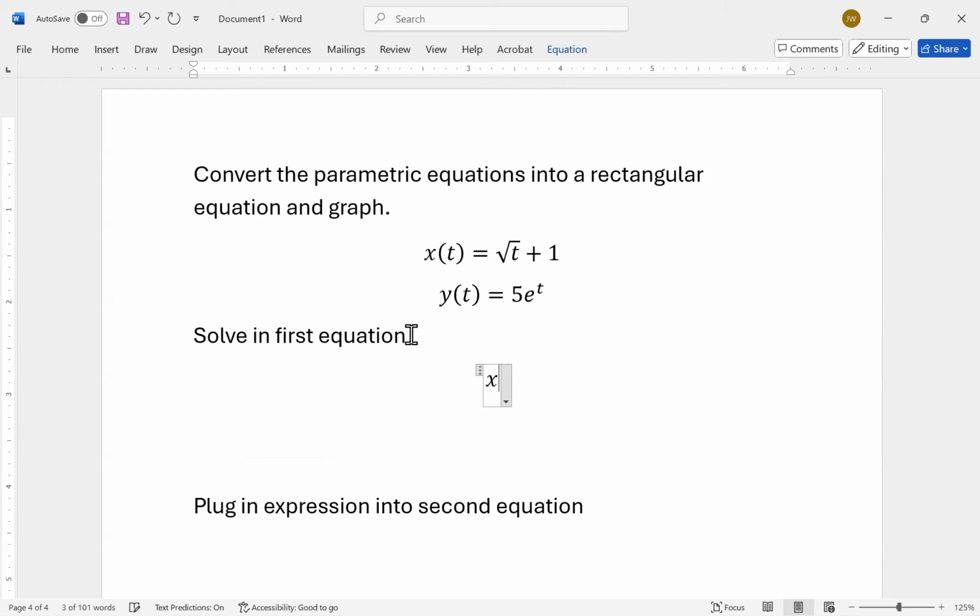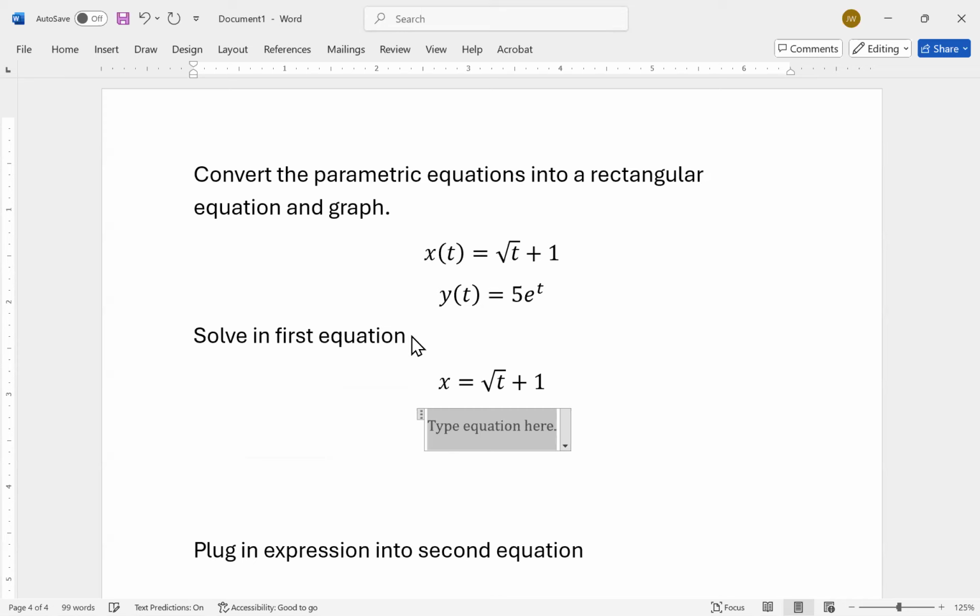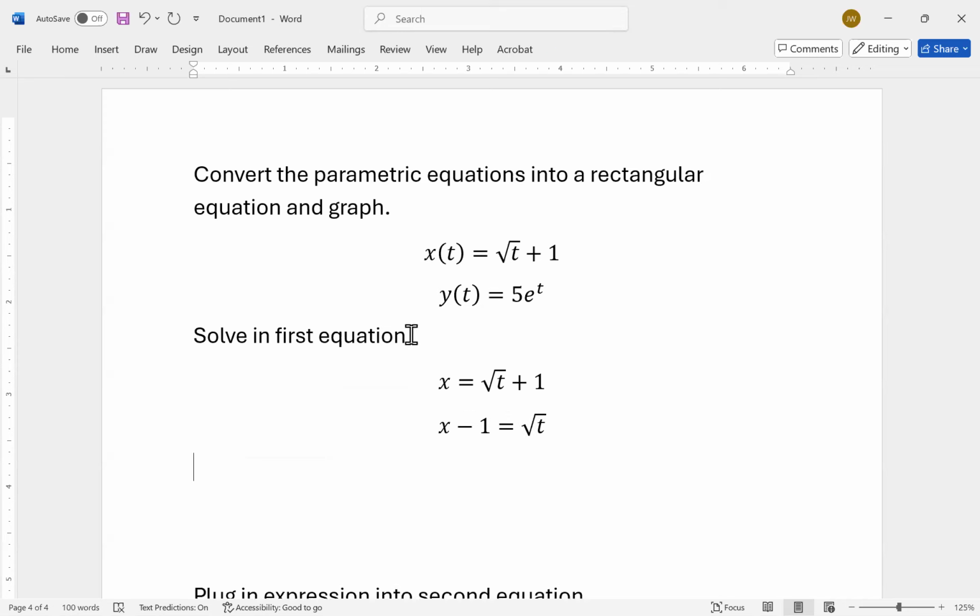We have in the first equation, x is equal to the square root of t plus 1. And so what I'm going to do is subtract 1 from both sides. And then because we have a square root there, we have to square both sides. I get x minus 1 quantity squared is equal to t.